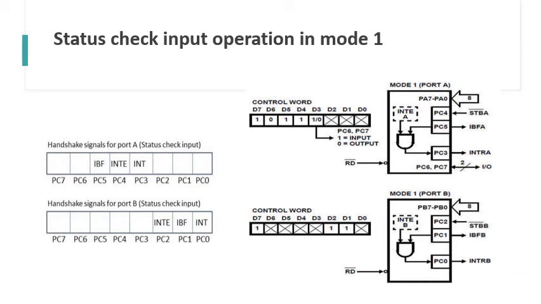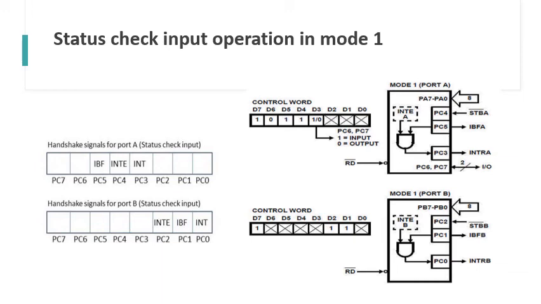Since there is unread data at the port buffer, the IBF signal goes high. Now, whenever the microprocessor reads IBF, the high value of IBF will signify that there is new data at the port, and the microprocessor will know that it needs to read the input data. But since interrupt is disabled, INT always remains low in status check operation.